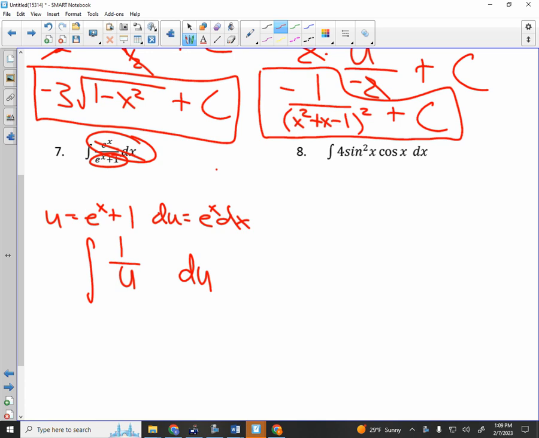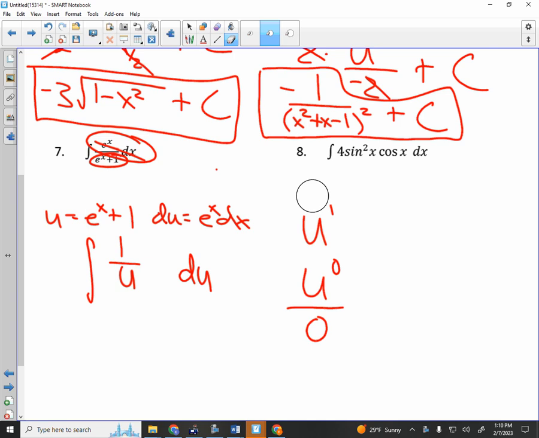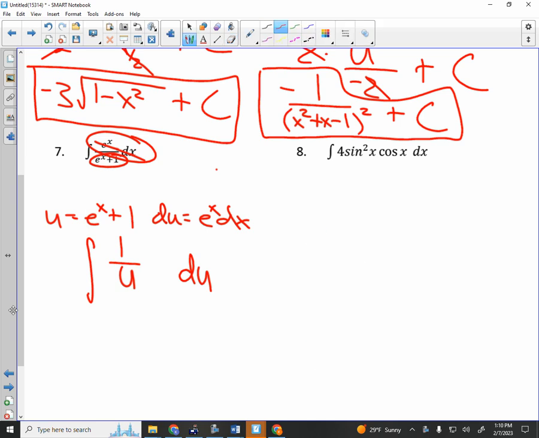This is important, a challenging piece here. This thing is u to the negative 1, right? If you add 1, you get u to the 0, and then you divide by 0. That doesn't work, does it? So you got to memorize that the antiderivative of 1 over u is the natural log. And we get the natural log of e to the x plus 1 plus a constant.